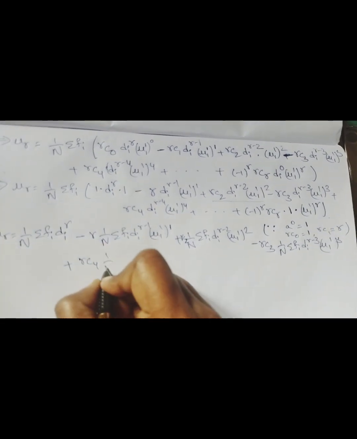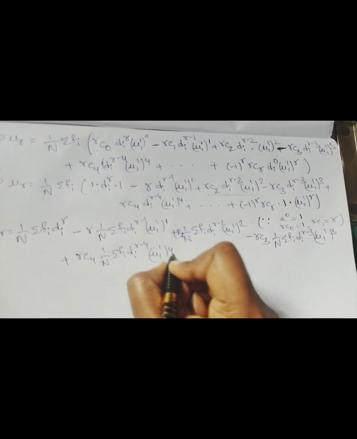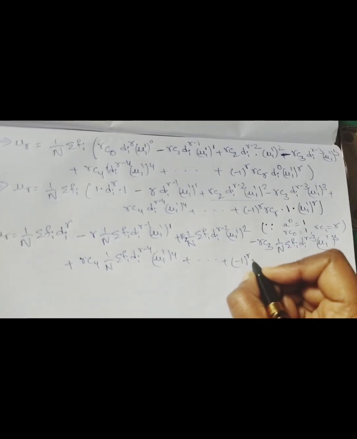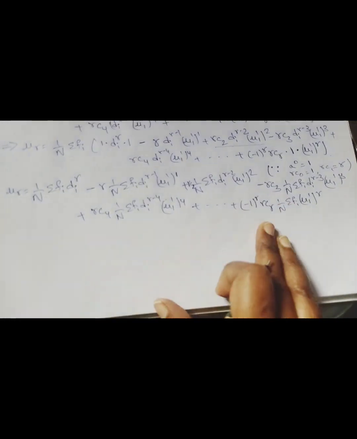Next we have minus sign, minus rC3, again multiplied with 1 by n summation fi di whole power r minus 3, mu 1 dash whole cube. Next plus rC4, 1 by n summation fi di power r minus 4, mu 1 dash whole power 4, plus so on, minus 1 whole power r, rCr, 1 by n summation fi, di term is not there, mu 1 dash whole power r. So this is the formula we got at the end.